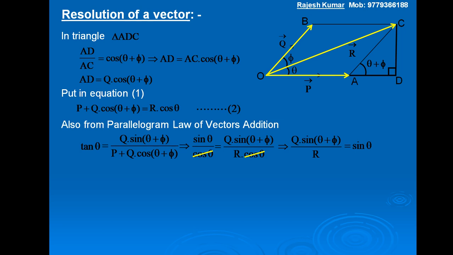By solving this, we get the magnitude of vector Q is equal to sine theta upon sine theta plus phi into magnitude of vector R. Similarly, we can prove the magnitude of vector P is equal to sine of phi upon sine theta plus phi into magnitude of vector R.